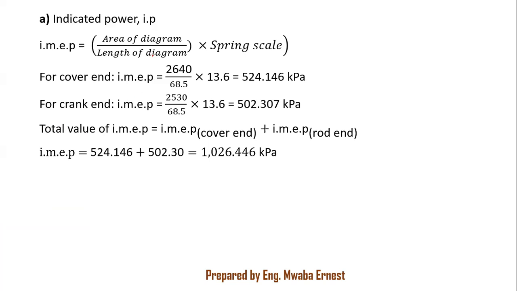So remember, we haven't done anything special. We're just replacing in this formula. And if you look at the way that formula makes sense, the top part is for area, which is in square millimeters. The bottom part is the length, which is in millimeters. Then we multiply by the spring rate. The spring rate is actually kilopascals per millimeter.